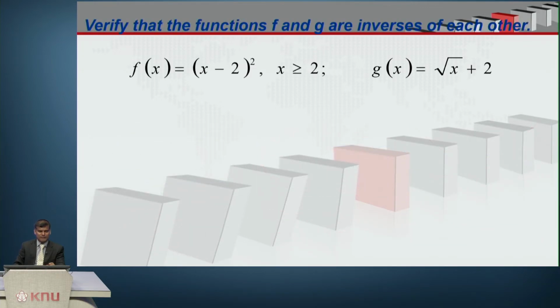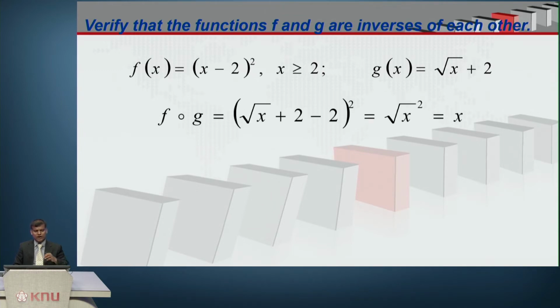Let's see here. If you want to verify that the functions f and g are inverses of each other, we are just talking about functions, but here we are uniquely defining two functions, which we will talk more about later in the next part of this function series. Say for example you have f of x equals (x minus 2) the whole square, where x is greater than or equal to 2, and g of x equals root of (x plus 2).